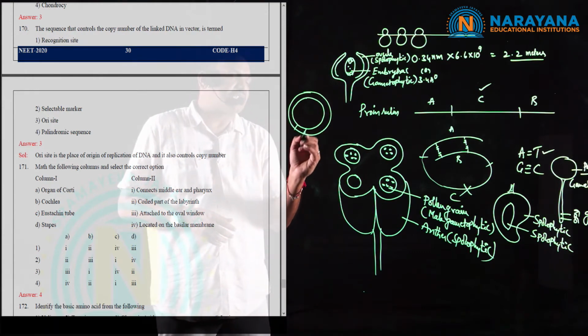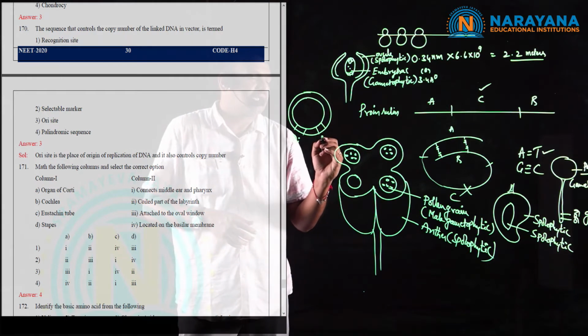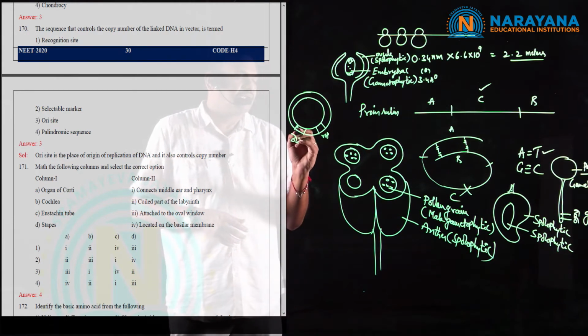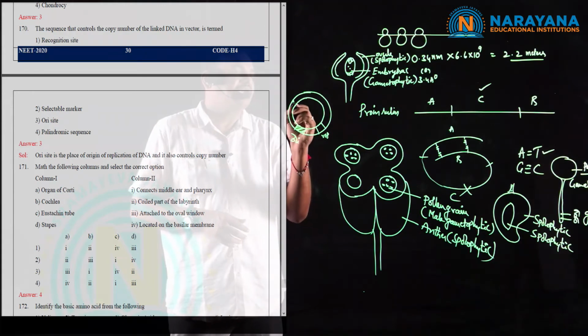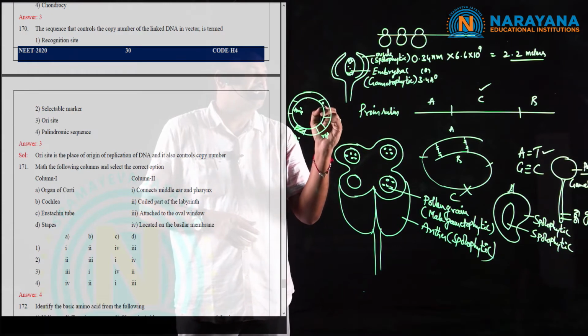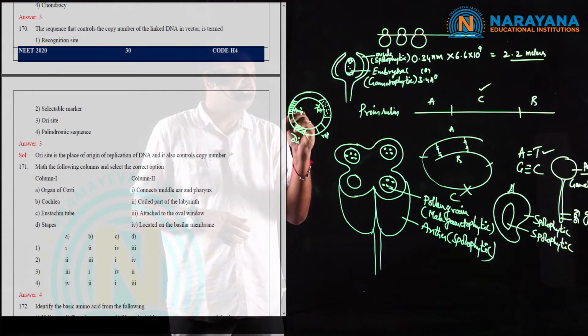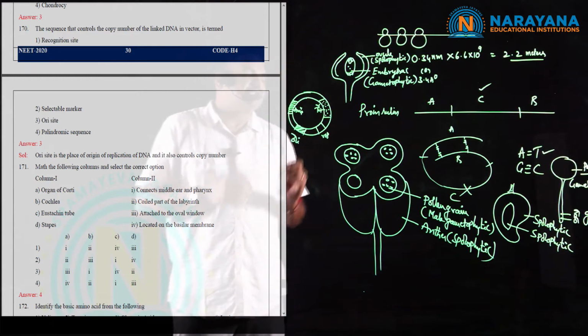In this case, this is ORI, and this is ROP, and this is ampicillin resistant gene, and here it is tetracycline resistant gene. These two are selectable markers, and this is ORI.